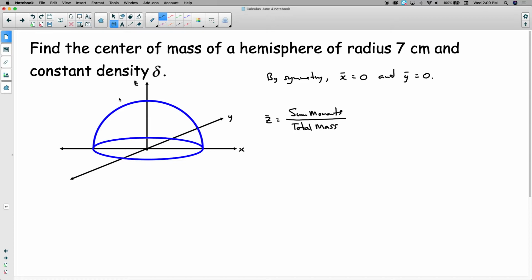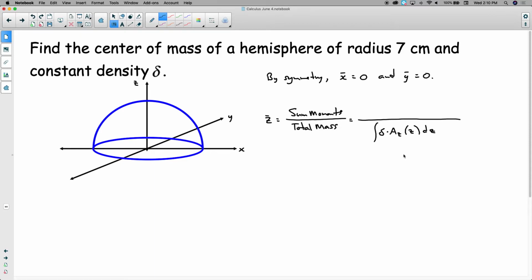All right, so by formula, then I have that z bar is equal to, and let's do this total mass first. The total mass is the integral of density times this a sub z of z dz.